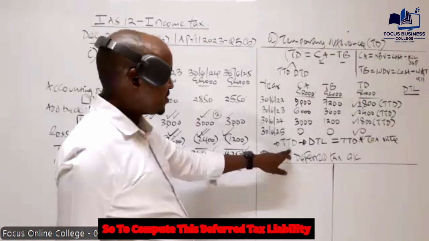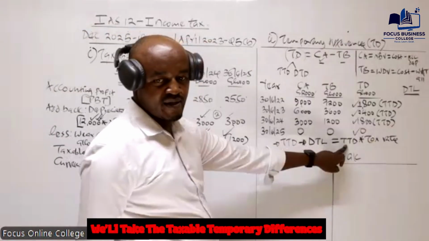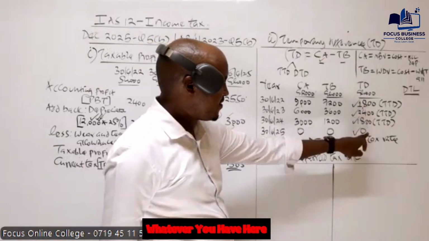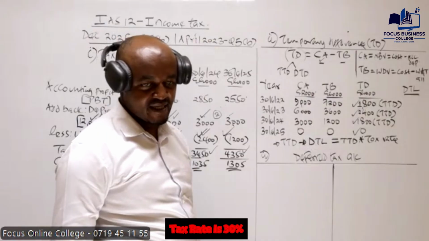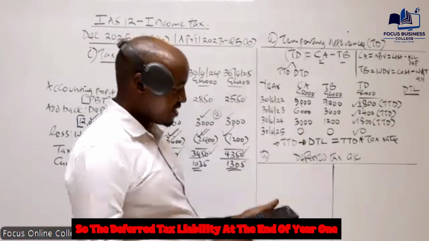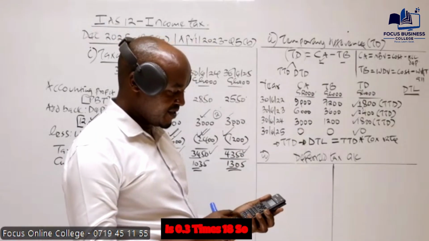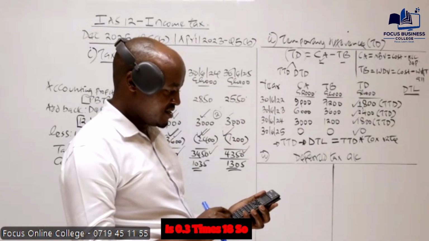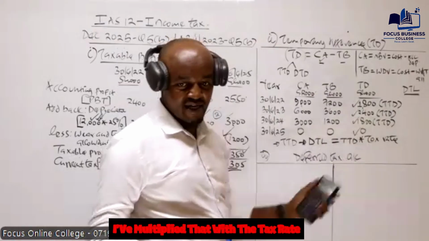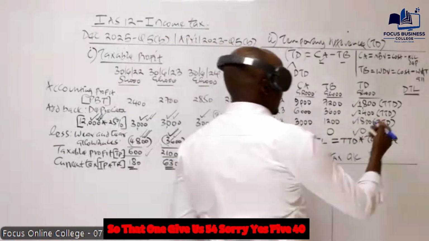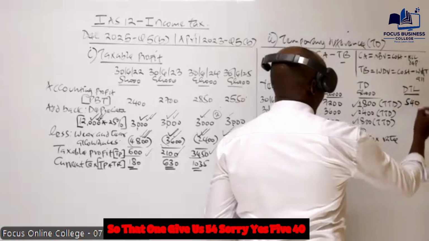To compute this deferred tax liability, we will take the taxable temporary differences, whatever you have here, and then we multiply that with the tax rate. Remember, tax rate is 30%. So the deferred tax liability at the end of year 1 is 0.3 times 1,800. So I've taken the taxable temporary difference and multiplied that with the tax rate. That one will give us 540.